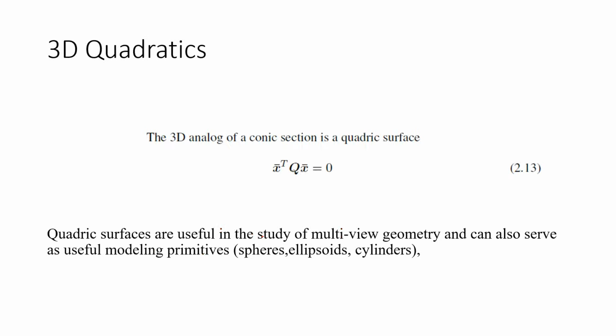Then 3D quadratics. Similar to the 2D conics, we have the same formula: x bar transpose into q into x bar equal to 0, which is used to represent a 3D curved surface. Let us assume a sphere.